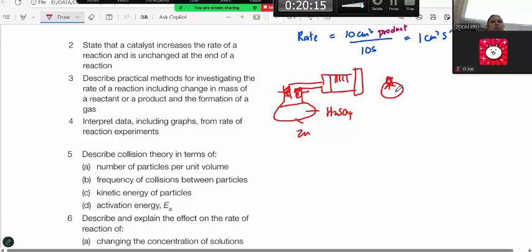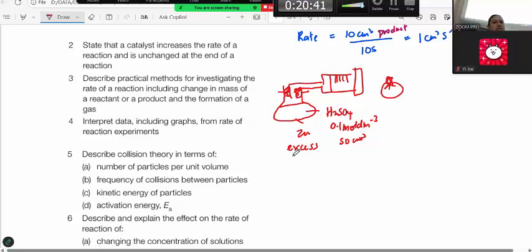Okay, can? Now, what gas am I collecting? Hydrogen gas. So I use a concentration of sulfuric acid of 0.1 mole per decimeter cube. I use 50 centimeter cube of acid and I use excess zinc.